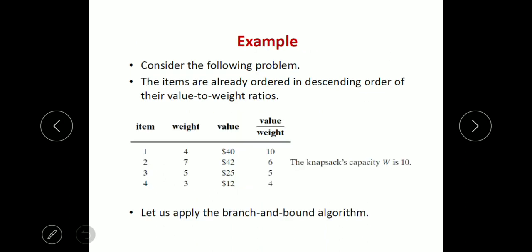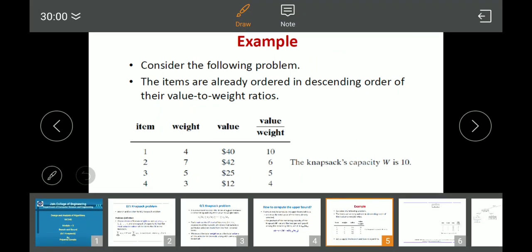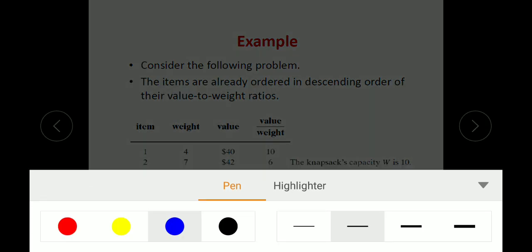So now let us consider a specific example. Try to apply the branch and bound algorithm to this example to find out the maximum profit that we can achieve with a knapsack capacity equal to 10.